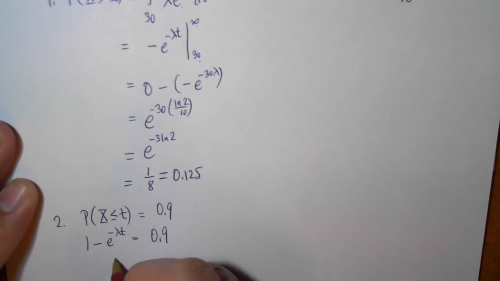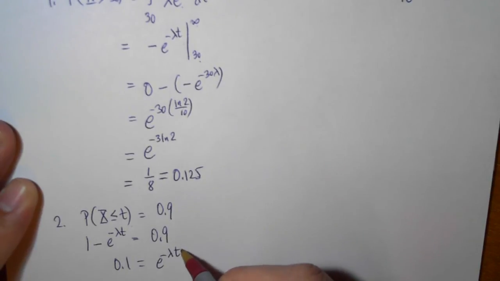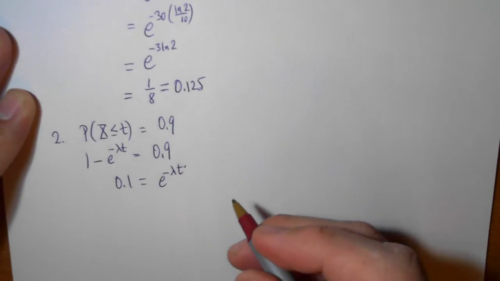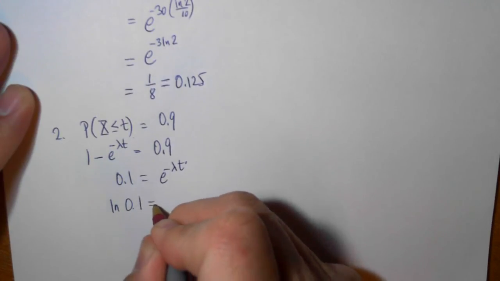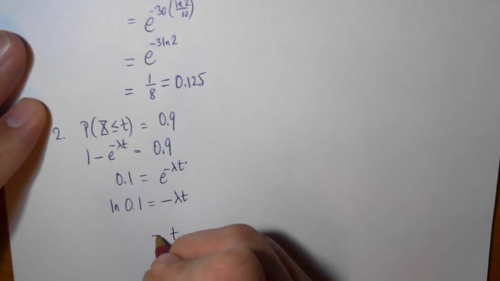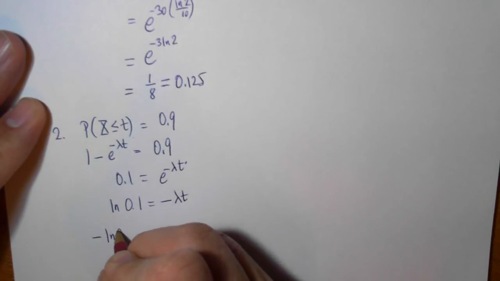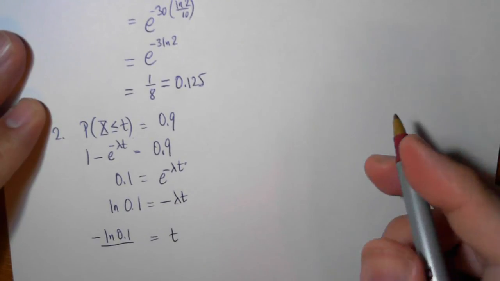So that means 0.1 is equal to e to the minus lambda t, and t is the unknown here. Lambda is known. Taking the natural log of both sides, natural log of 0.1 is equal to negative lambda times t, and therefore t is equal to negative natural log of 0.1 divided by lambda.